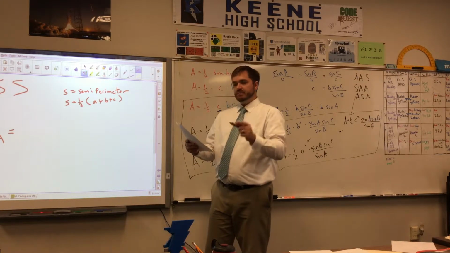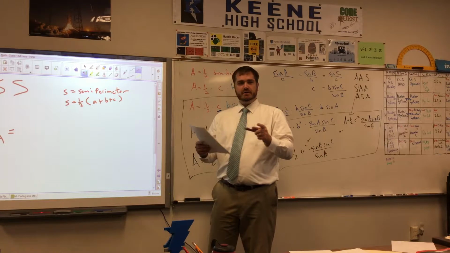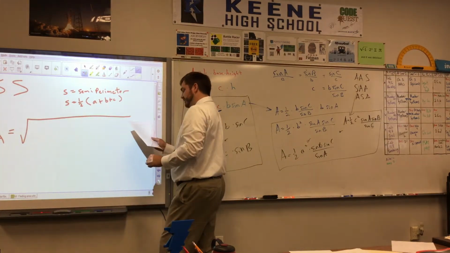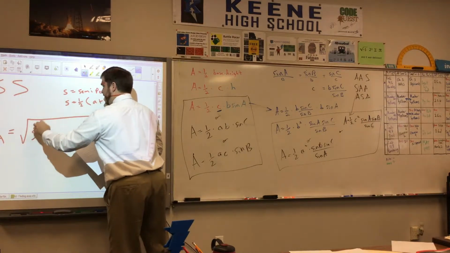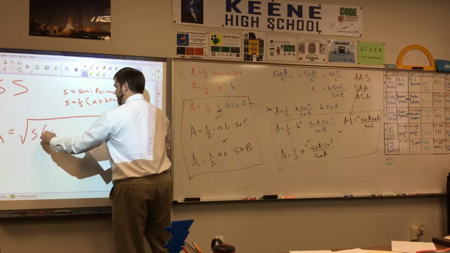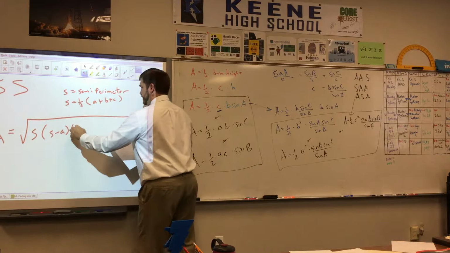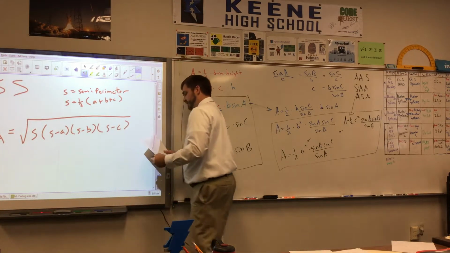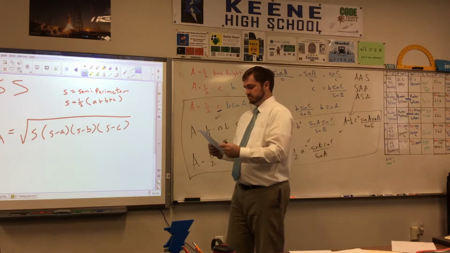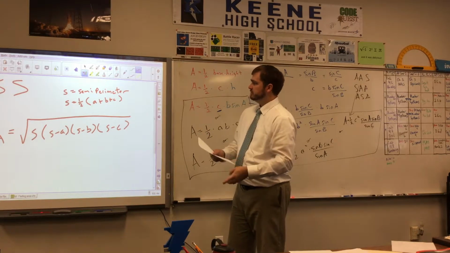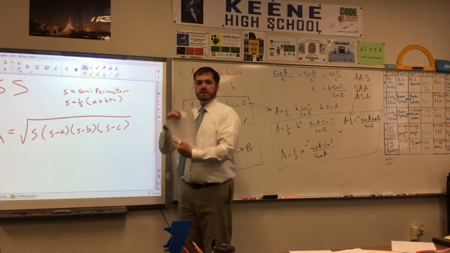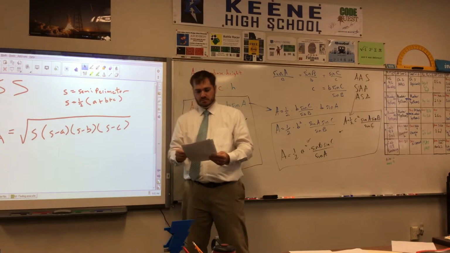And the formula for the area of a triangle given three sides is this: the square root of S times (S minus A) times (S minus B) times (S minus C). That's it. That's the formula. That's Hero's formula. It's also written on the back of that paper there.